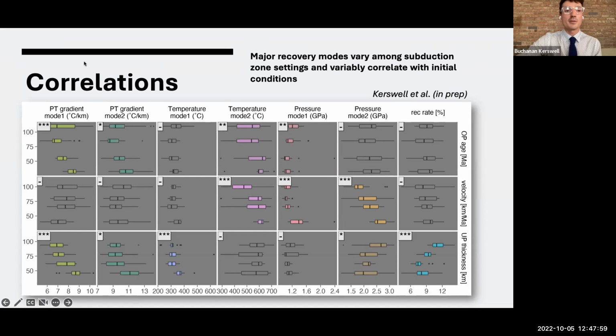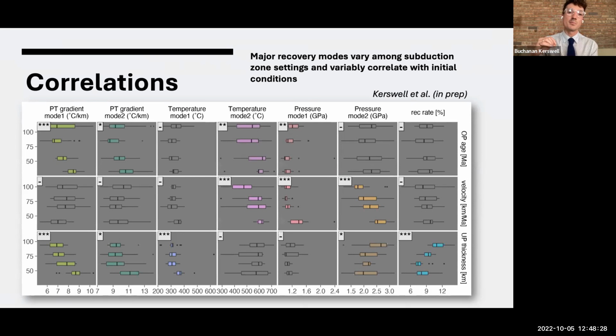So we see various correlations, some weak, some strong. For example, for pressure mode 1 and pressure mode 2, we see that the pressure or the depth at which markers get recovered is correlated more strongly with the oceanic plate age and the convergence velocity.